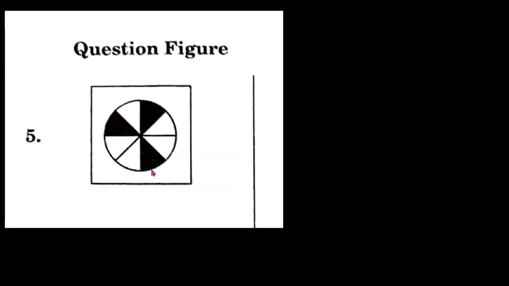Here we see a circle made into some parts by drawing few diameters, and three of the parts are made black and remaining are in white. And when we observe the pattern of these black and white parts, we don't see any black part adjacent to each other.